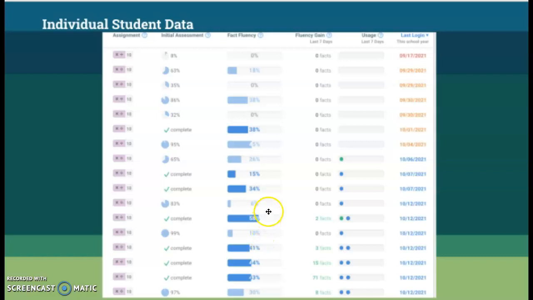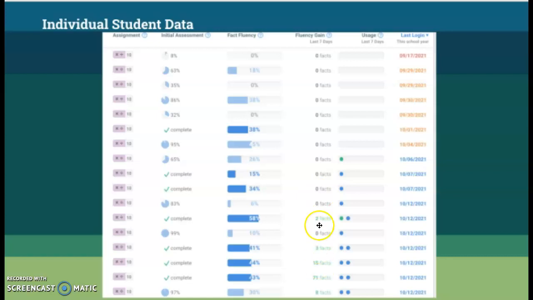One barrier I was looking at is that when we give those 5-minute checks, it's only multiplication or only division, whereas with this program they are doing both at one time, which requires students to really think and know their fact families. That is why these could be a little bit lower, but still progressing.